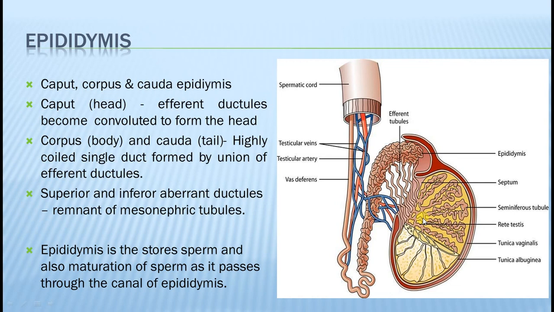The spermatids, through suction action, enter here, and slowly they undergo the maturation process. They get capacitated. This capacitation is not to be confused with the capacitation which takes place in the female genital tract. Here, capacitation means it becomes competent enough to penetrate the barriers of the ovum.